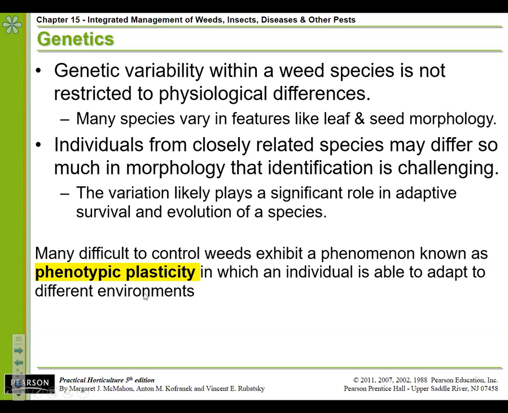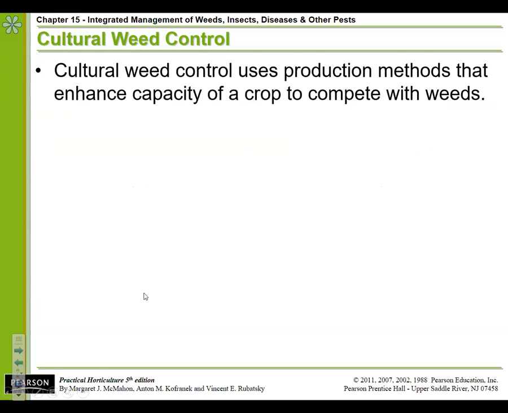That's partially the genetics, but think about it in terms of a dandelion, for instance. You have a dandelion growing in a disturbed situation in your yard. It maybe doesn't have as good access to moisture and nutrients as if it were growing in your garden. So they can grow larger, and the seed heads could produce more seeds. This is just part of that phenotypic plasticity, allowing them to adapt to different environments and become more difficult.